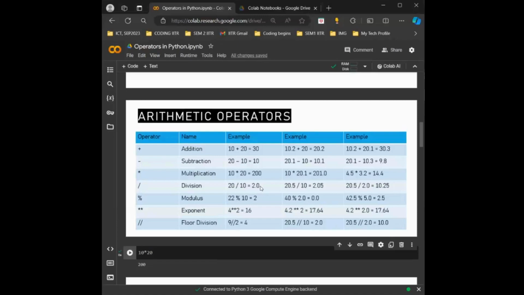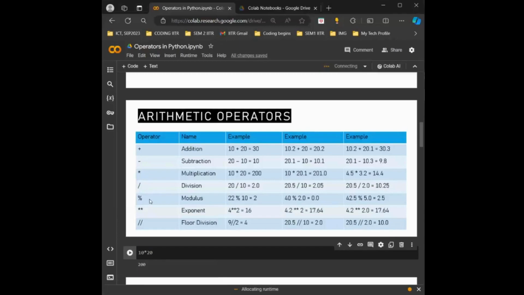Division symbol always gives you the result as float. So the number on the left hand side, again I'm repeating, is divided by the number on the right hand side, and the result in the first case when 20 is divided by 10 is 2.0. In the second case, when 20.5 is divided by 10, the result is 2.05. And similarly, when 20.5 was divided by 2.0, the result is 10.25.